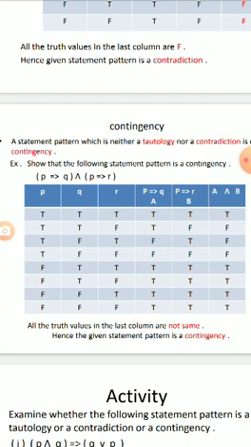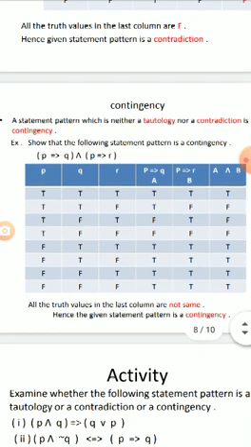So this is the table which shows the truth table of this given statement pattern. Now here how many component statements do we have? 3 component statements P, Q and R. So the table will have 8 rows. Then how many columns? Number of component statements is 3, and number of logical connectives, implication and another implication, so 3. So total number of columns is 3 plus 3, which is 6. So that is the last column.